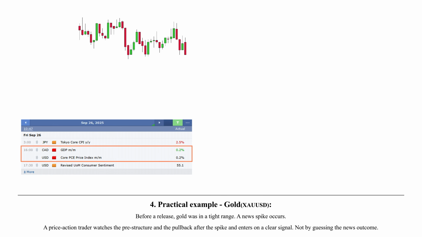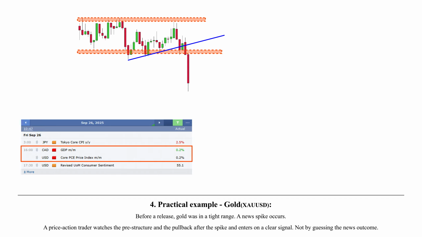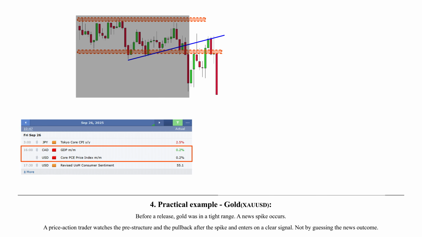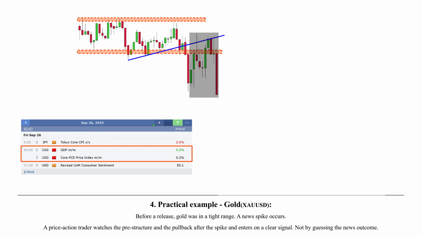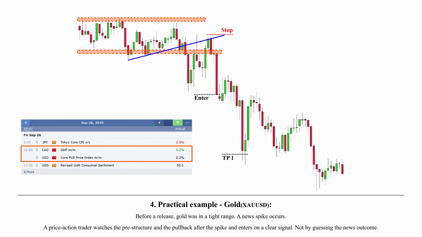Gold. Before release, gold was in a tight range. A news spike occurs. A price action trader watches the pre-structure and the pullback after the spike and enters on a clear signal, not by guessing the news outcome.